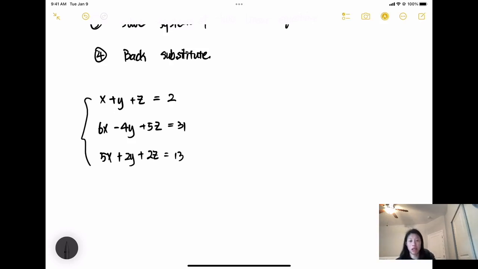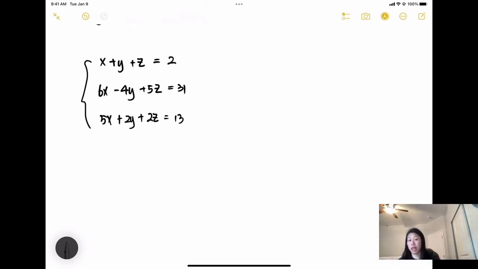So here is our system of 3 linear equations, right? Remember, our first step is we're trying to solve one variable and substitute it into the other 2 equations. Okay, let's use the first one because the first one is the easier one. You can try to solve x first or y or z first, either one. So I want to solve z first.